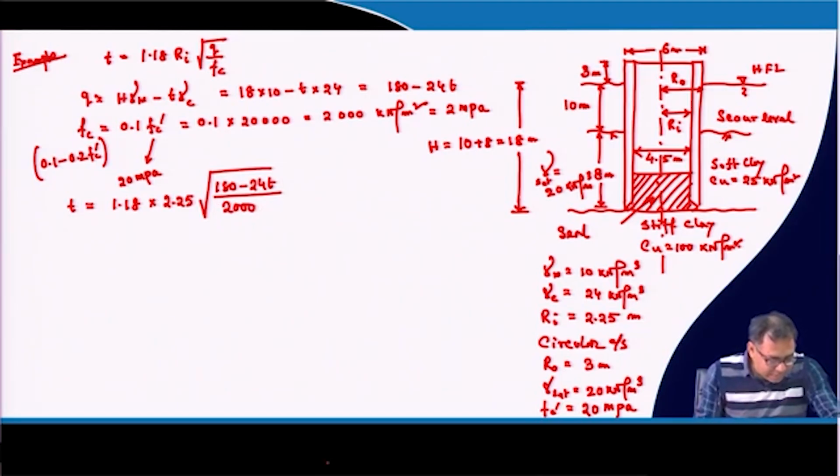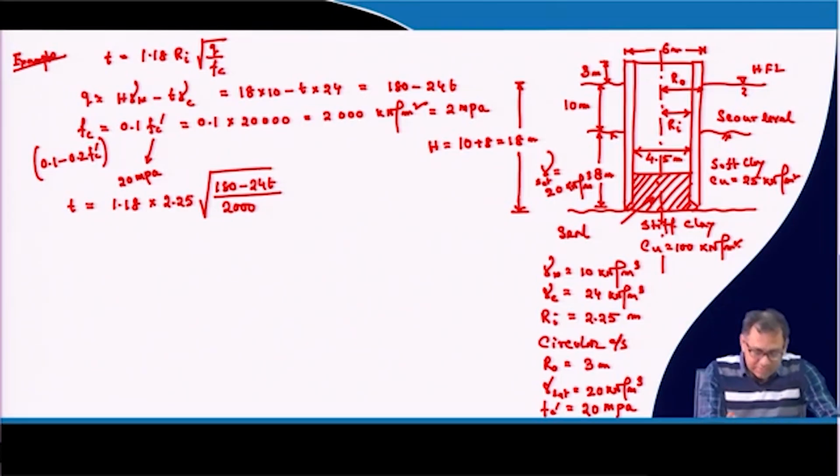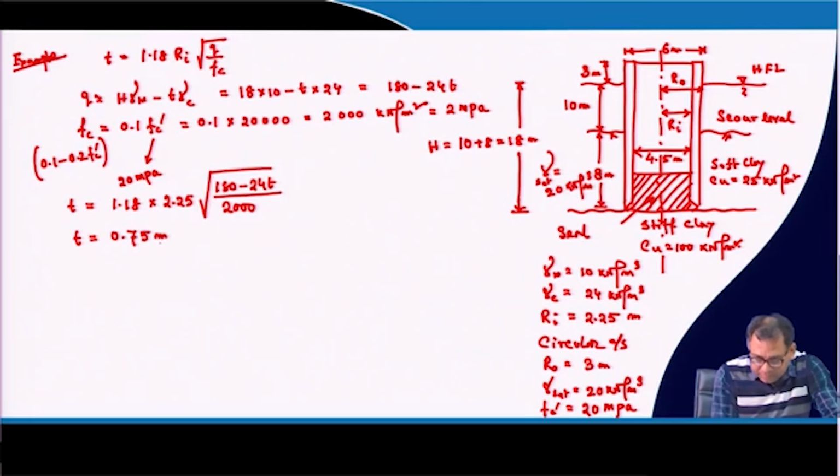If I solve this equation, because we have T on this side and T is within the root also, we have to square both sides. Then after solving, T is coming out to be 0.75 meter. So the thickness of the seal is coming out to be 0.75 meter.